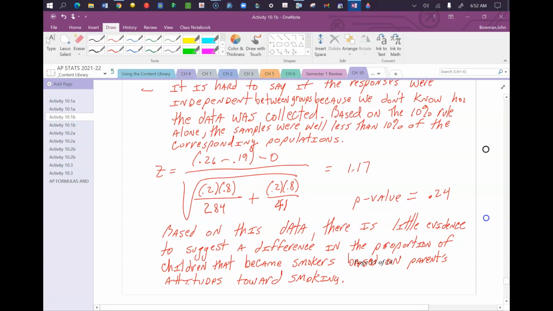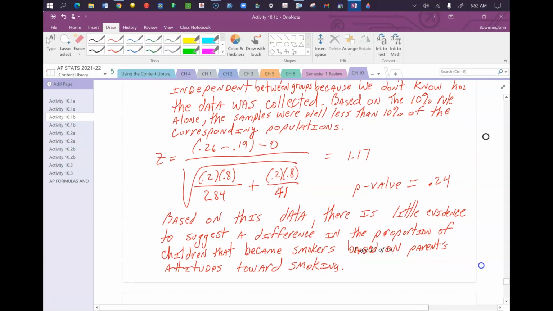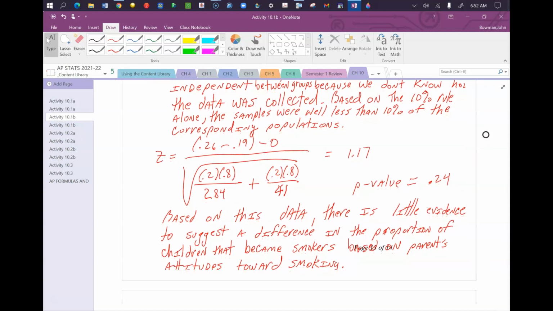When you get around to calculating the test statistic, remember, take the difference of the two sample proportions minus the hypothesized difference, which is 0 in this case, divide by the standard error, which is calculated using p hat combined. You get a z-value of either positive 1.17 or negative 1.17.